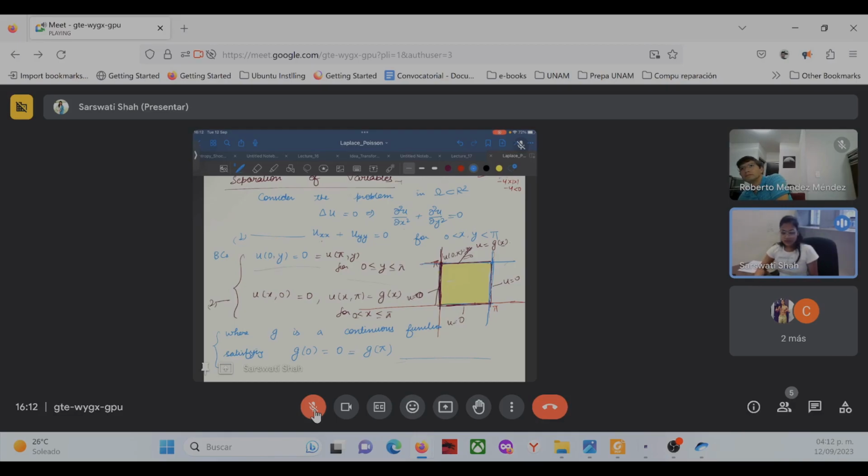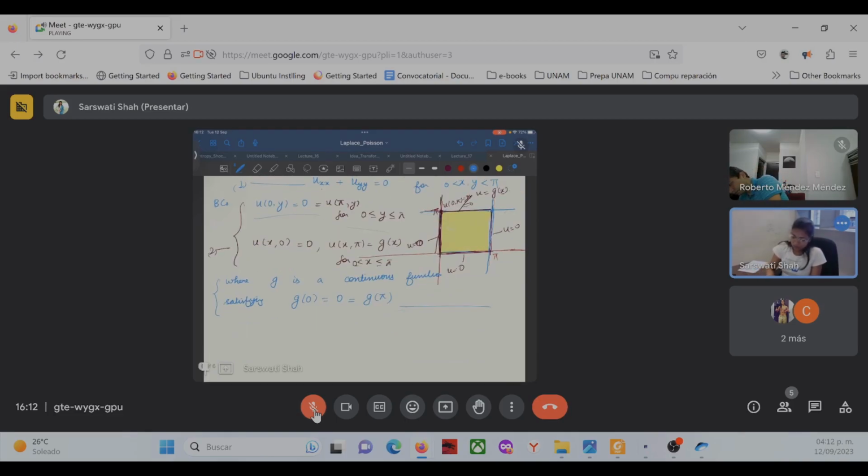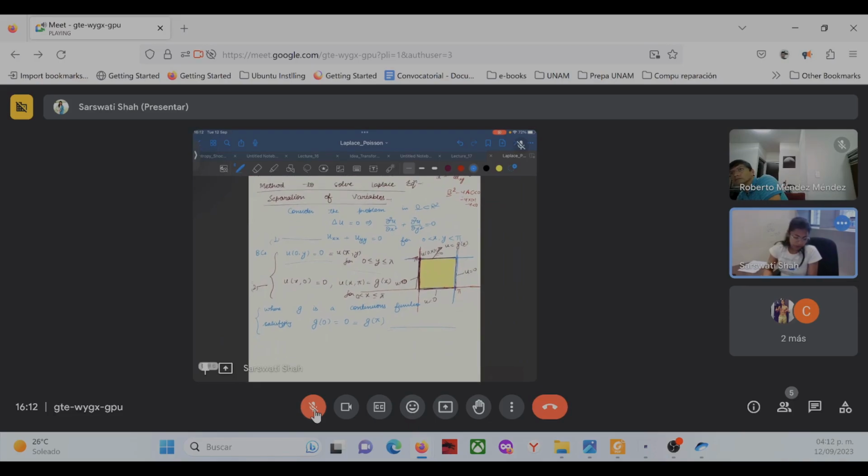Now here we assume that u, the solution of the given PDE, can be written in the separated form as a function of x times a function of y. I am not going to solve it today. We can continue it tomorrow.